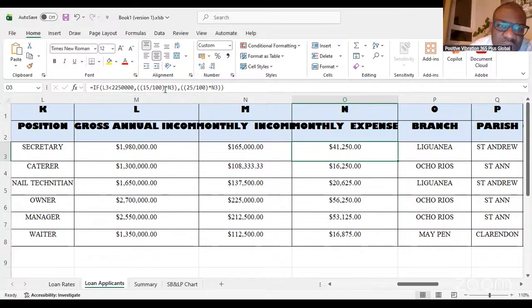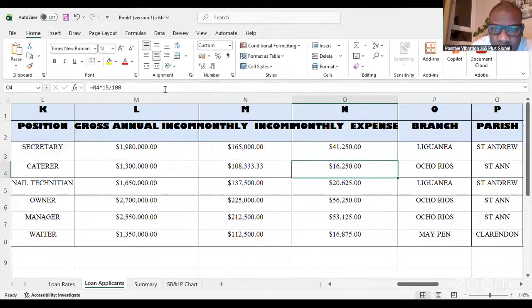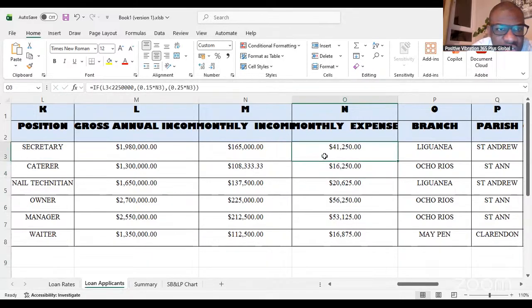We could, and see what happens. So it would be 0.15. Yeah, it does change the value for some reason. So something is wrong with either our numbers. So 0.25 multiply. It's still, for some reason, L3.